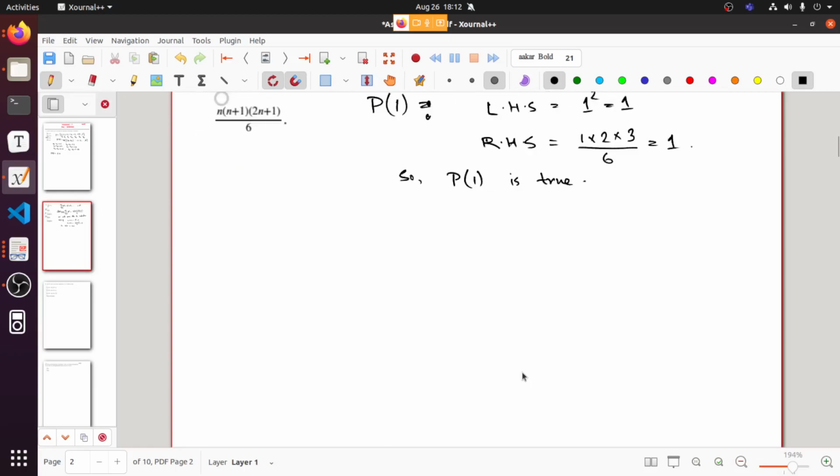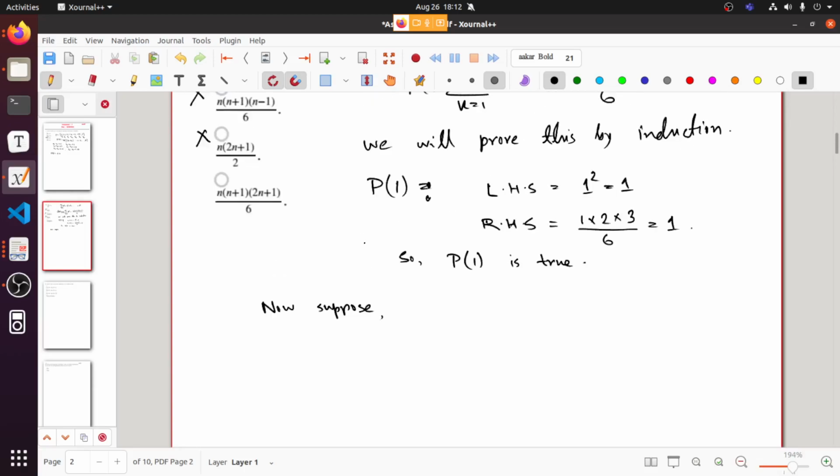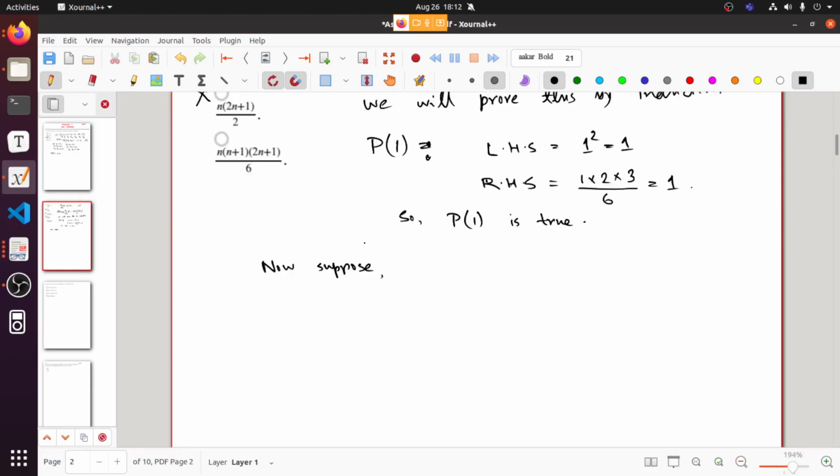Now we will assume that for n, the statement P of n is true.